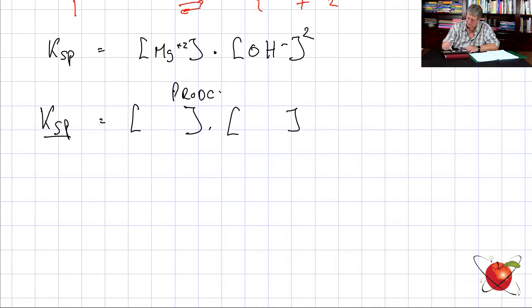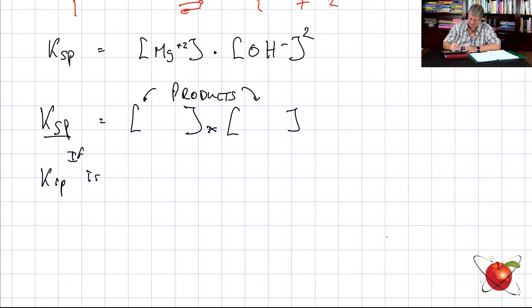This is the product. Therefore that is why it's called the solubility product. These are the 2 products, and it's the product of those I'm multiplying, so the product of the products.